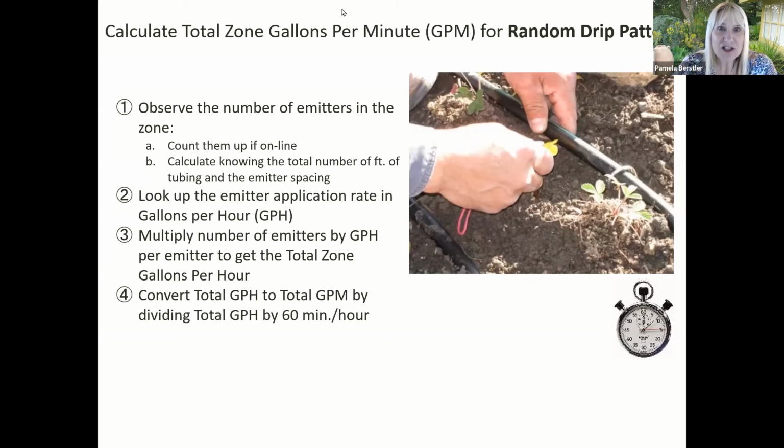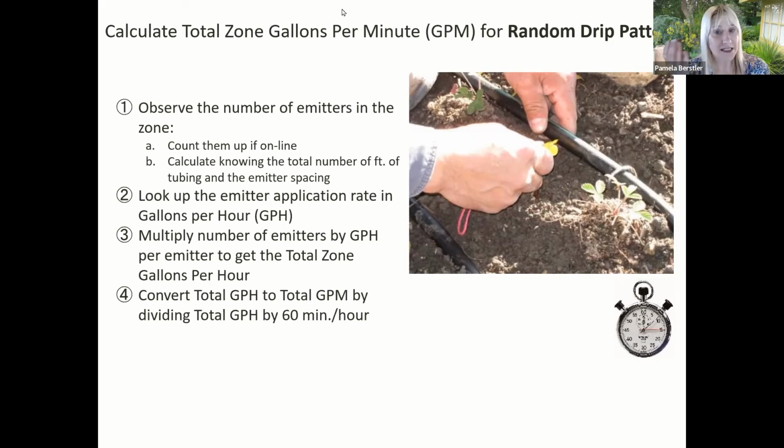All right. So if you want to figure out how many gallons per minute, once you figure out how many emitters you have, you then look up the emitter application rate. Every drip tubing or drip emitter is going to have an application rate that is usually expressed in gallons per hour. So for example, you would have 0.5 gallons per hour emitters.